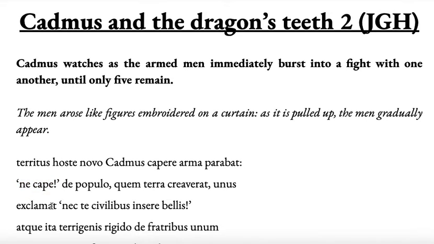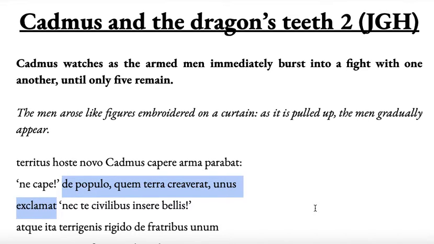And then the next phrase is de populo quem terra creaverat unus exclamat. So that means one, unus, of the people, de populo, whom or which the earth had created, quem terra creaverat.